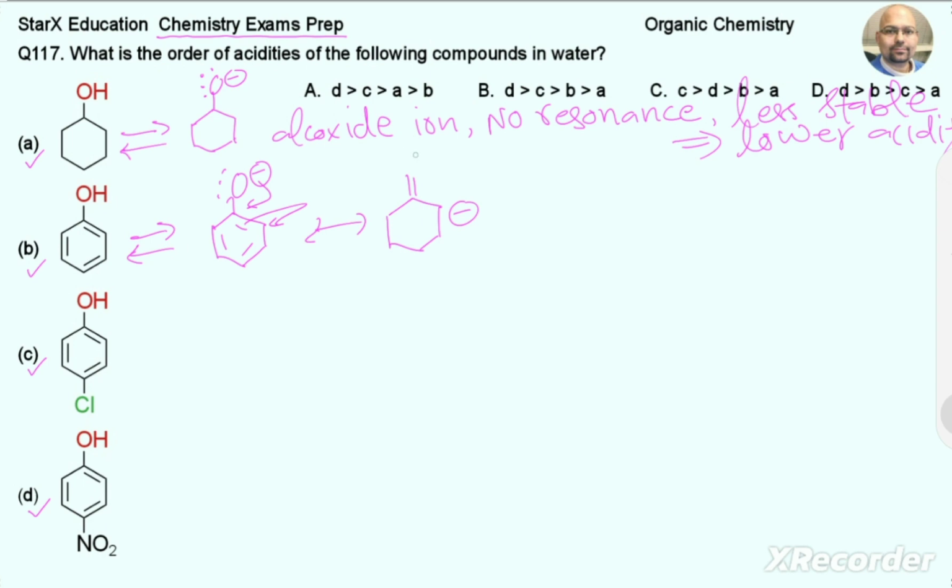Once the pi bond of oxygen reforms, the negative charge is now on number 2 carbon, meaning the ortho position. In the next resonating form, the charge is at the para position, and in another resonance form, the charge moves to carbon number 5.